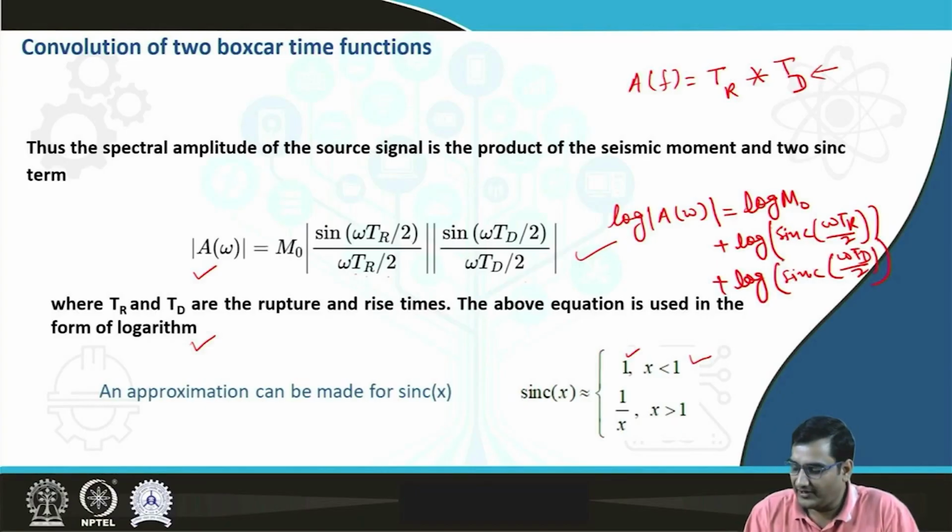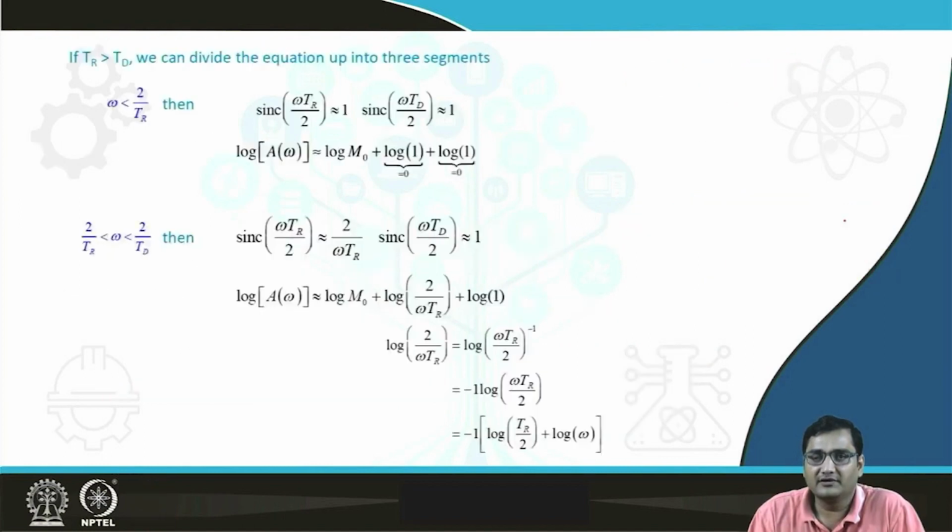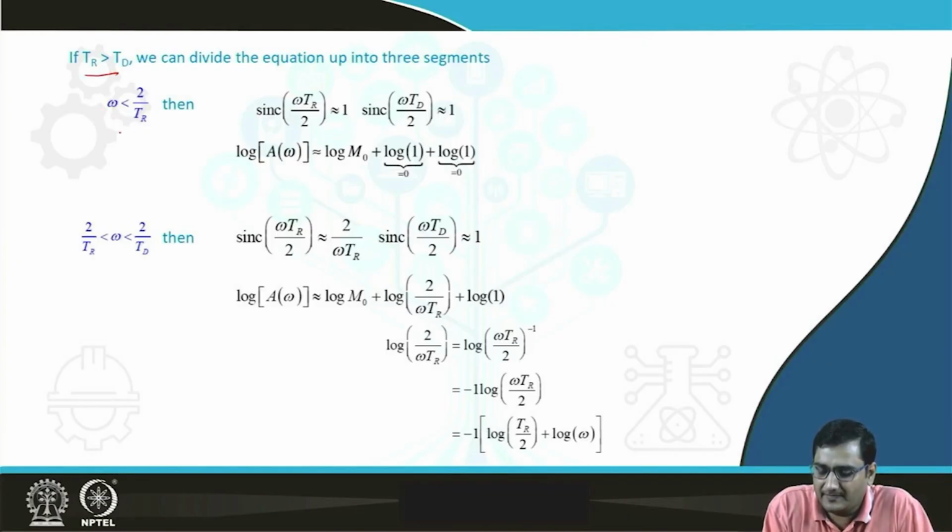So you need to find the values at which it will give certain corner frequencies. Let's consider that TR is greater than TD, that means the rise time is greater than the rupture time, and that we are assuming here. If this is true and the angular frequency is less than 2 by TR, then you can see that omega TR by 2 is less than 1.